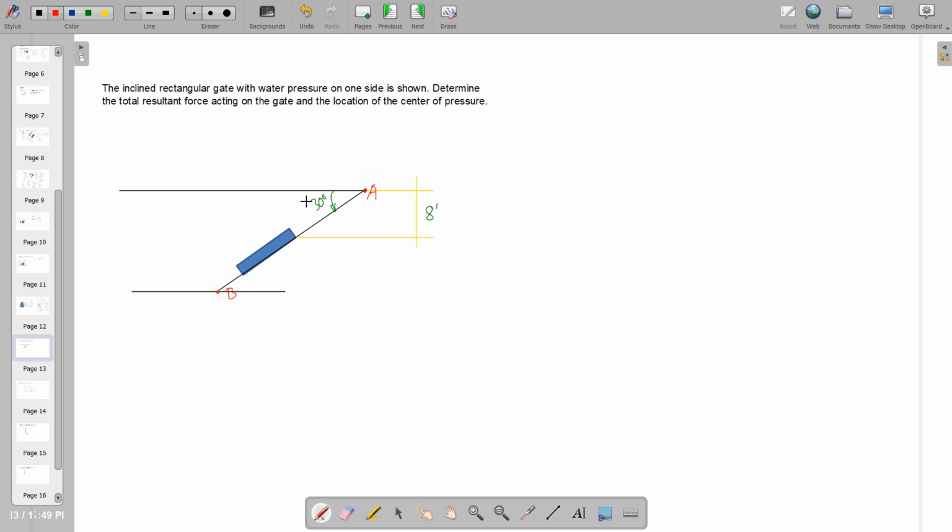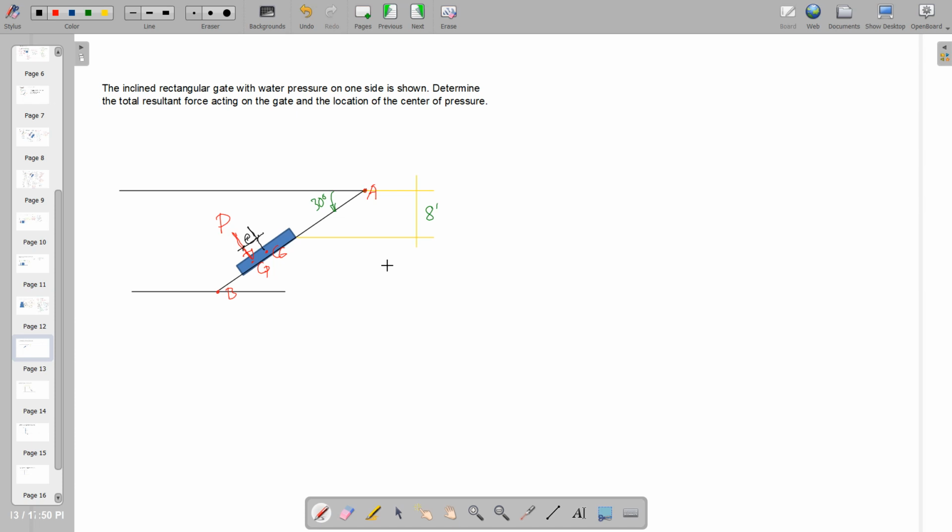Our task here is to determine the resultant force. Of course, as usual, we have this to be the center of gravity, and below the center of gravity is the center of pressure, and we just draw a perpendicular line, an arrow towards the gate, and this is our hydrostatic force by the dimension E from the center of gravity.